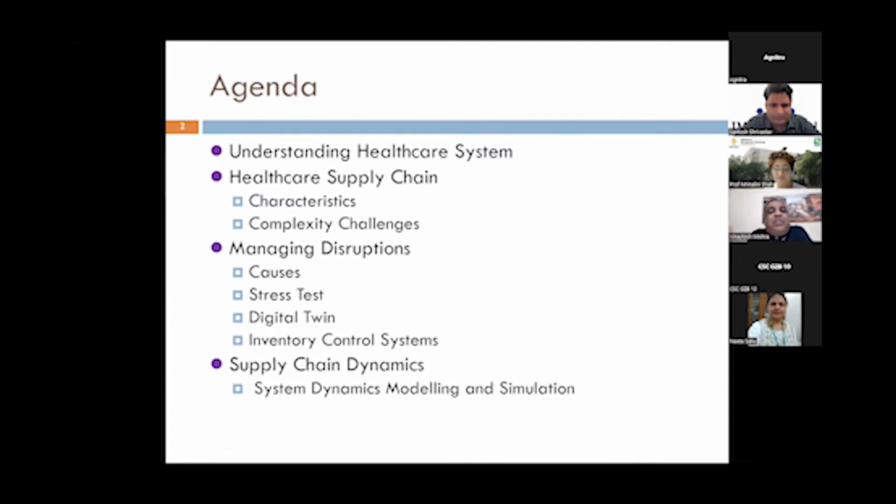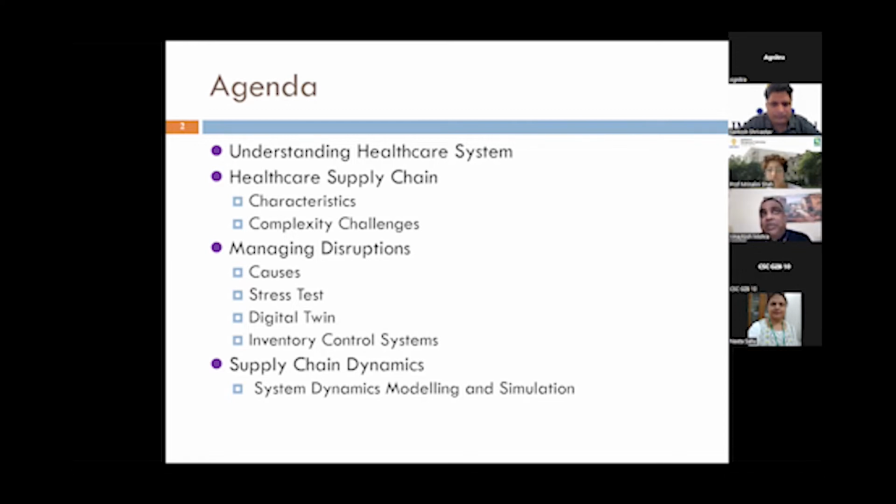The agenda for today is understanding healthcare systems and supply chain, of course. Healthcare supply chain characteristics, different types of healthcare supply chain. There are two supply chains which are very much in discussion these days, and a lot of research is being done in that area. One is the vaccine supply chain, and the other, because chronic diseases are on the rise, is the insulin supply chain.